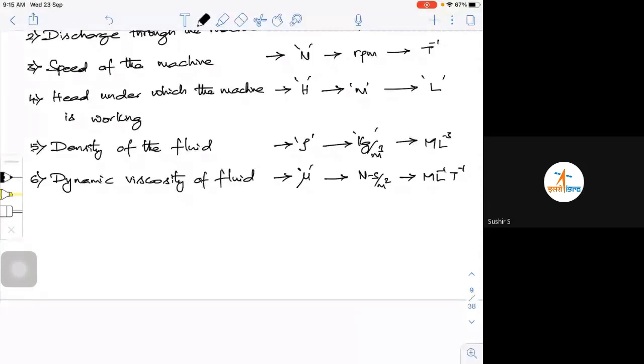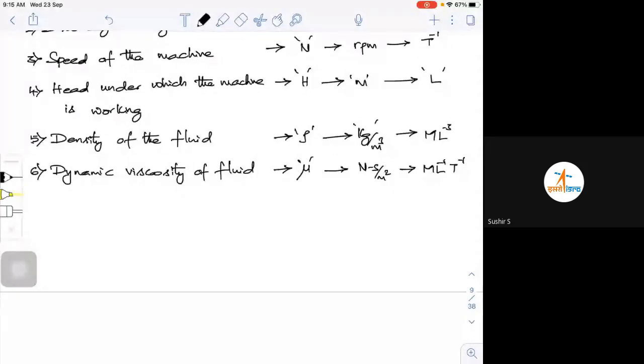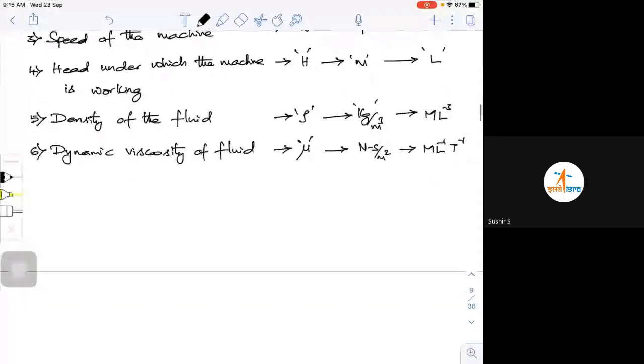Now, when I speak of turbo machine, power is one more variable. Power can either be supplied to the machine or produced by the machine. So power is one variable we have to consider. Power is joules per second or watts.